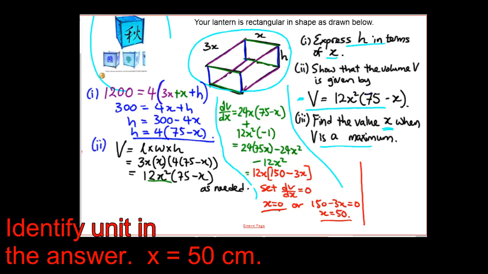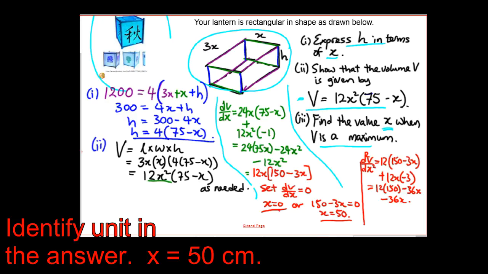So the second derivative test, d2V/dx squared, so that will become 12. I have to use the product rule again, and then plus 12x times negative 3. So that will be 12 times 150 minus 36x, and then minus 36x again.